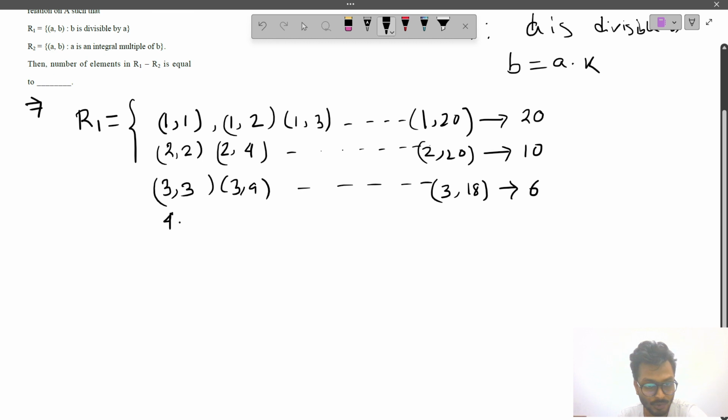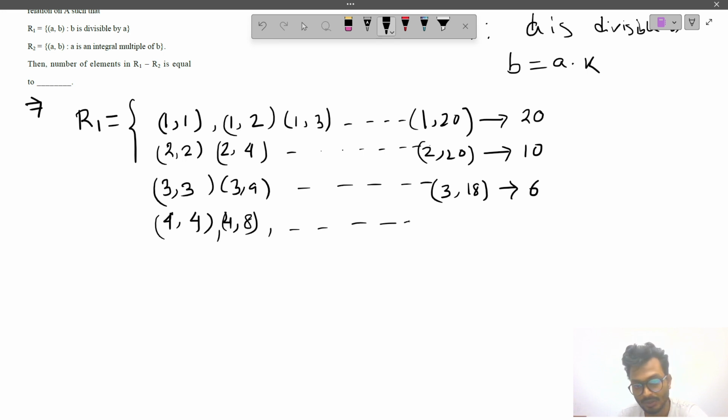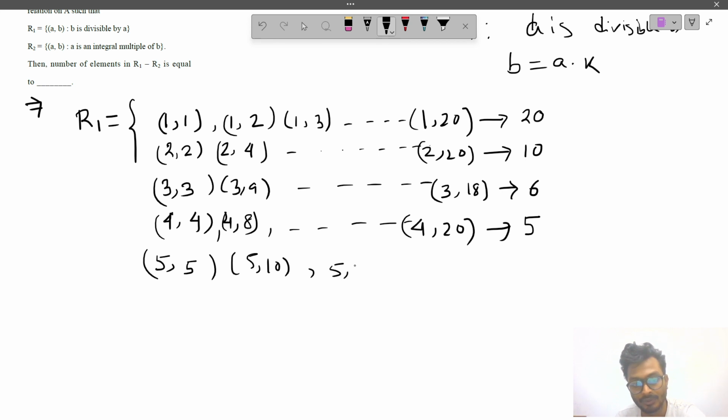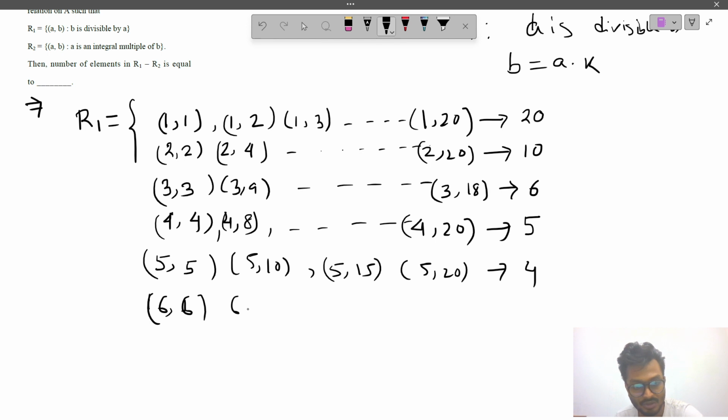Similarly when a is 4, it will be (4, 4), then (4, 8), like this, and how many terms will be there? 20 by 4, that means 5 terms will be there. For 5, (5, 5) will be there, then (5, 10), (5, 15), and (5, 20) will be there. So here 4 terms. For 6, (6, 6), (6, 12), and (6, 18) will be there.